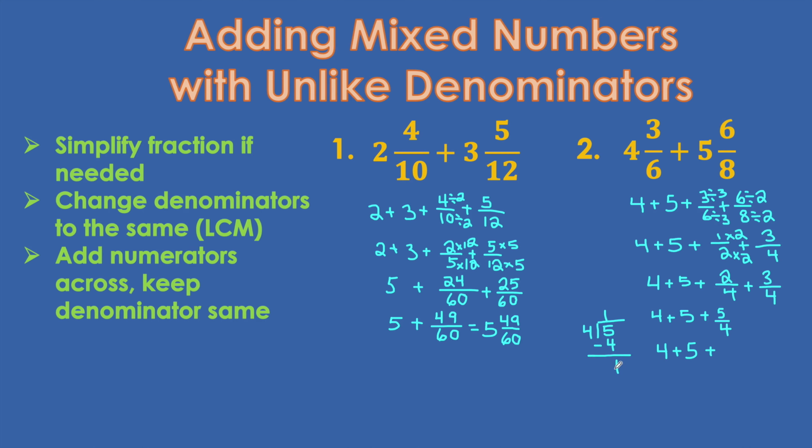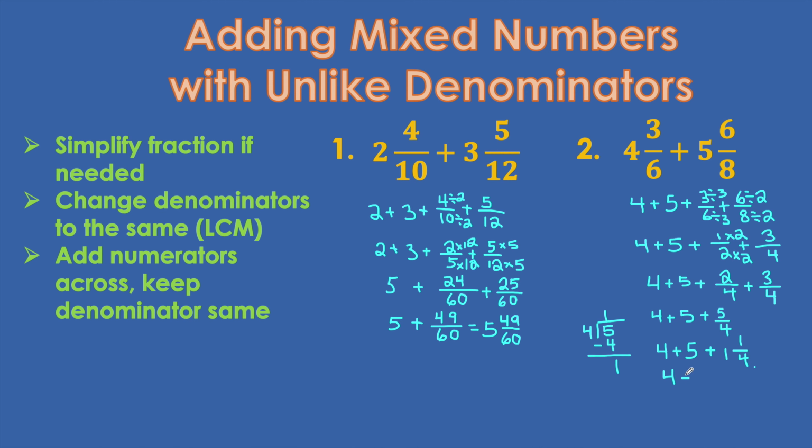We have 1 and 1/4. Now, if you look at this mixed number, 1 and 1/4 is the same as putting an addition sign in between. So we can split it up.